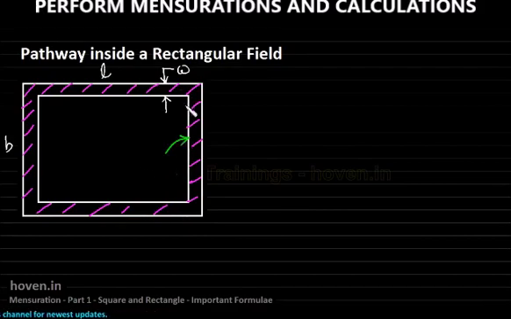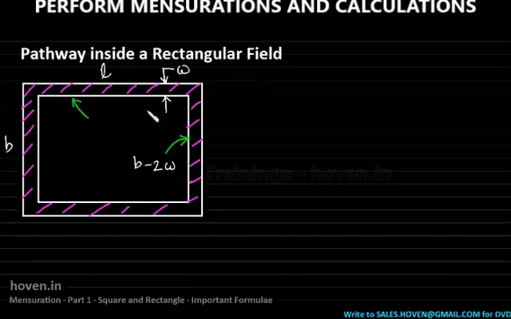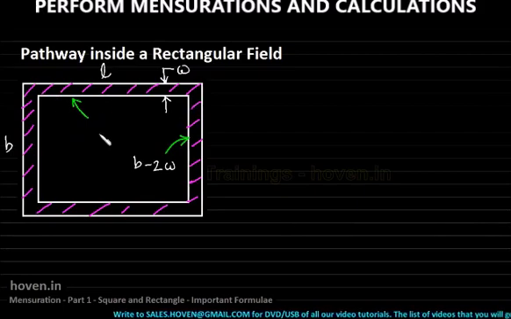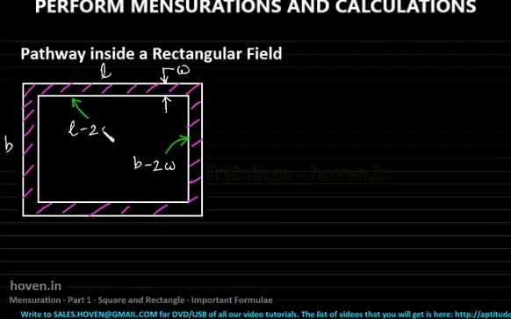We can say that this breadth would be B minus 2W. And similarly, the length of the inner rectangle would be the entire length L minus this width and this width. So L minus 2W is the length of the inner field.